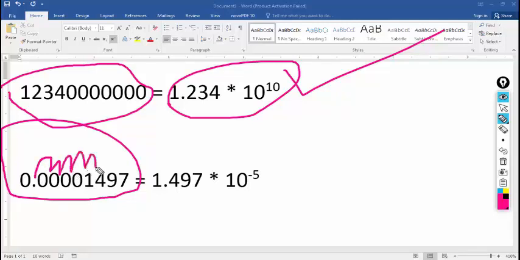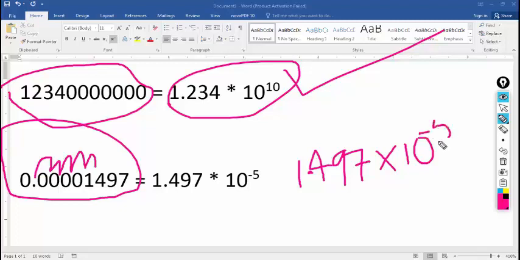We have moved the decimal point 5 times towards the right. So the number is 1.497, and since we cannot change the value of the number, we have multiplied it by 10 to the power of minus 5. Why is it minus 5?